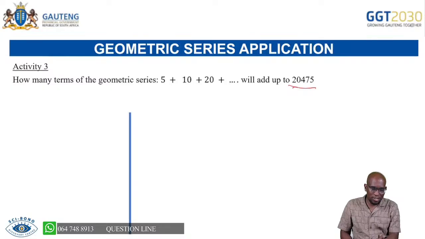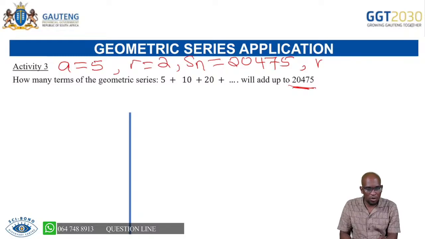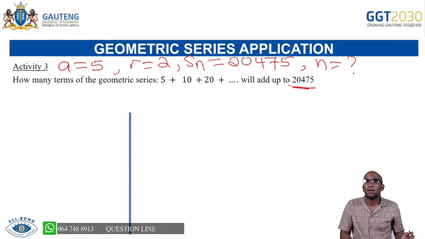So here you can see that we are given the sum. So we have that a is equal to 5, r is equal to 10 divided by 5, or 20 divided by 10, that is 2. And then you are given the sum to the n terms, S sub n, which is 20,475, and you are looking for n, right?